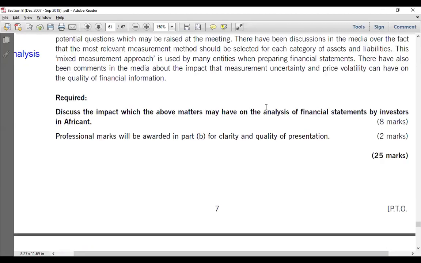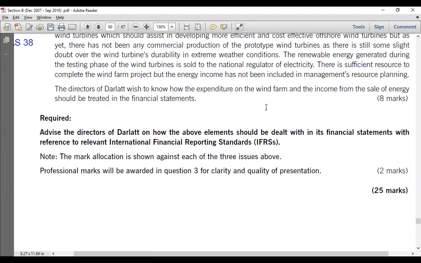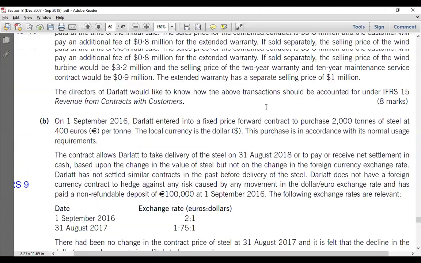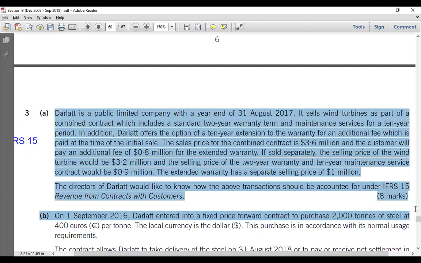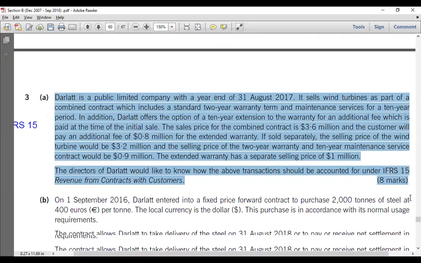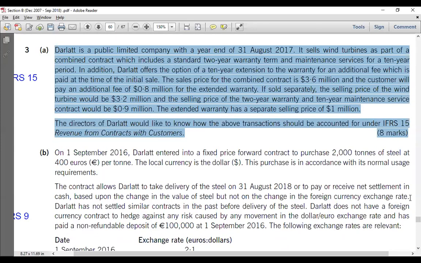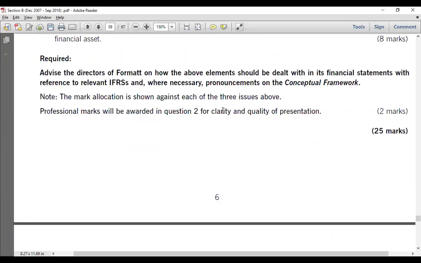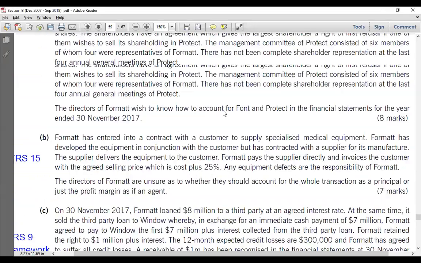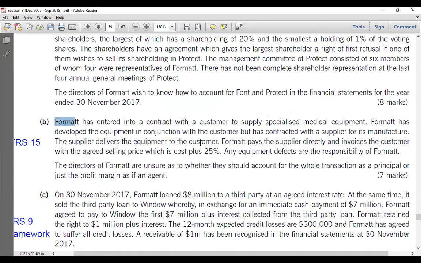So if I go upwards again, there's one more question that you people can try, which is Darlet. This is also one of the questions of IFRS 15. You can try this as well at home, and you can even take the snapshot of this. And if you want one more question, then Format is a good question as well.